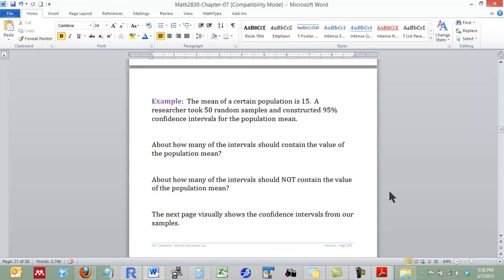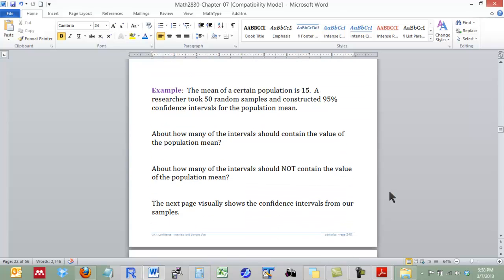As an example, say I have a mean for a certain population and it's 15, and I took 50 samples. Imagine doing that randomly, so each person in our class, and then we recruited some other people, and they went out and took samples, and each person constructed their own confidence interval. How many of those intervals should contain the value for the mean? Well, 50 times 0.95.